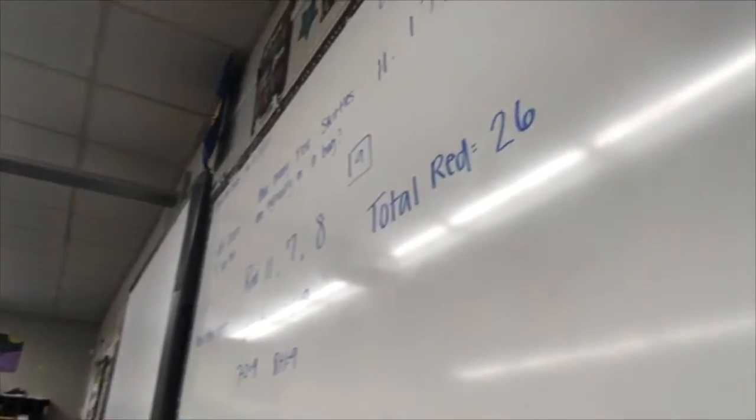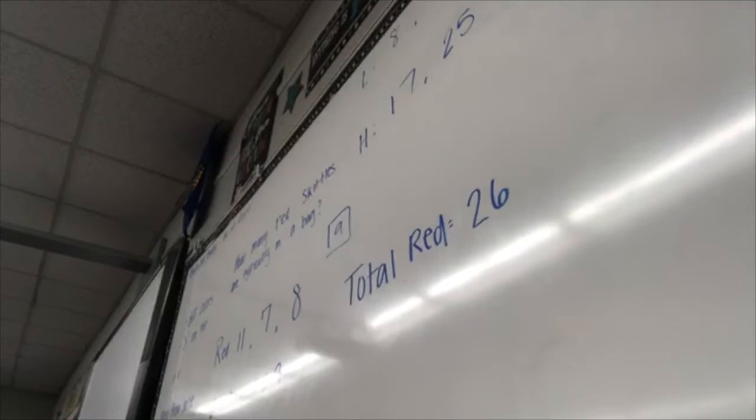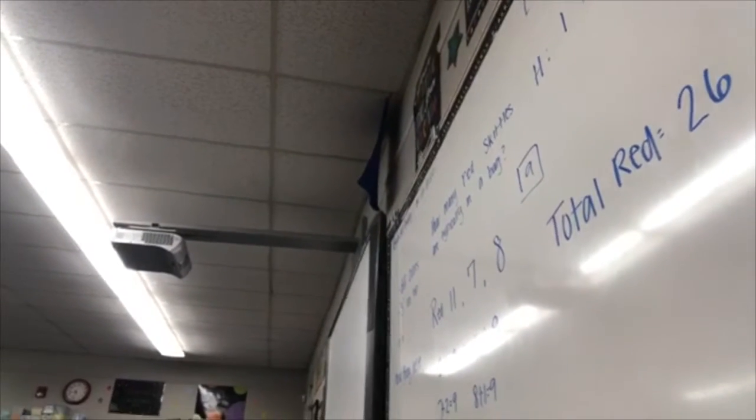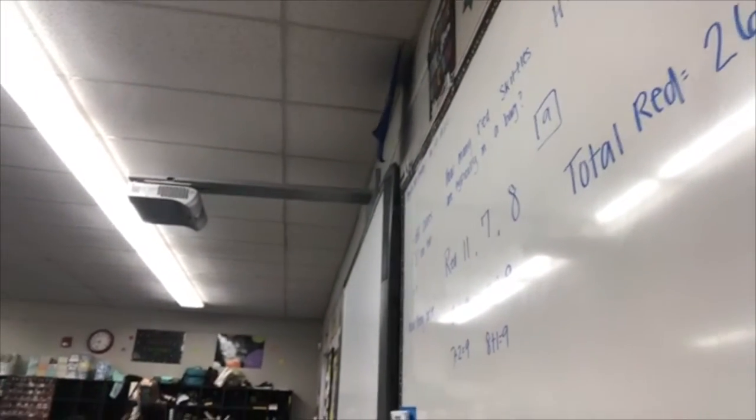We have 26 red. So you said it can't be divided evenly. What do you mean by that? Well, it can't be divided evenly because nothing can be multiplied by 3 to get 26. It could be 24, but that would have us 2 left over. 2 left over. So then someone would be sad.